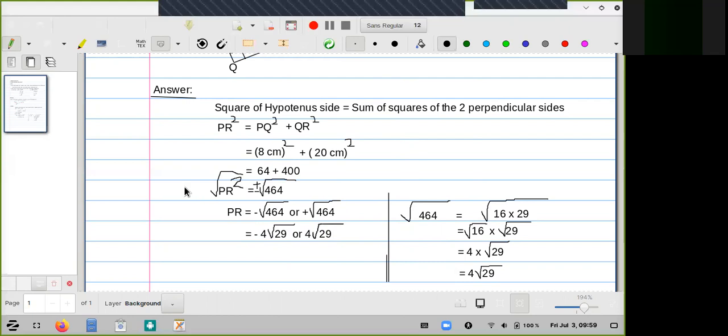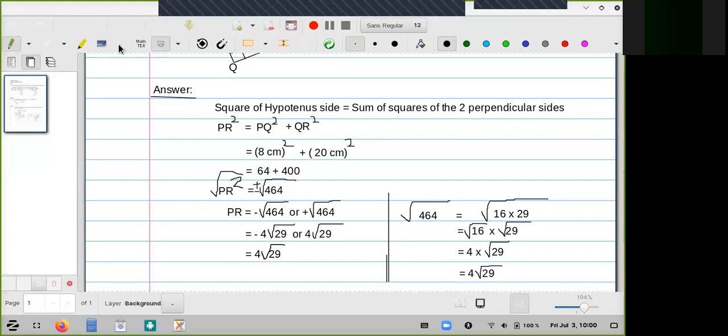Since we are dealing with the length of a side, lengths of sides will never be negative. They will always be positive. So my length for PR is equal to 4 square root of 29. This answer is written in surd form.